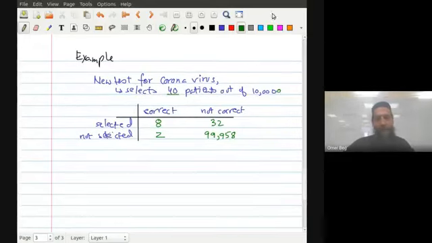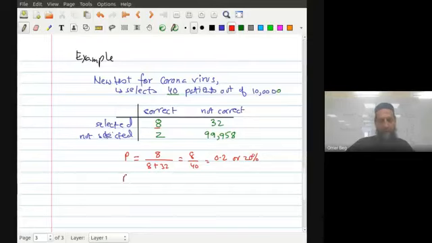So the precision would be the percentage of selected things that are correct. Precision would be 8, and the selected are 40, 8 plus 32. So that's 8 over 40, and the precision turns out to be 0.2 or 20%.